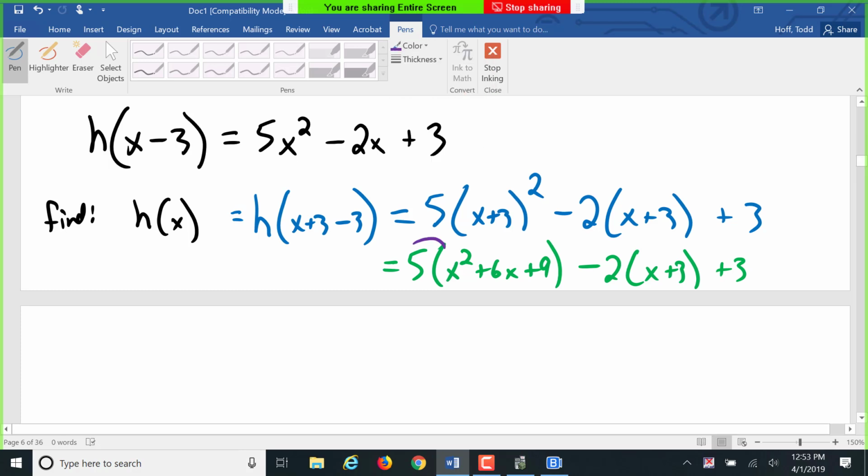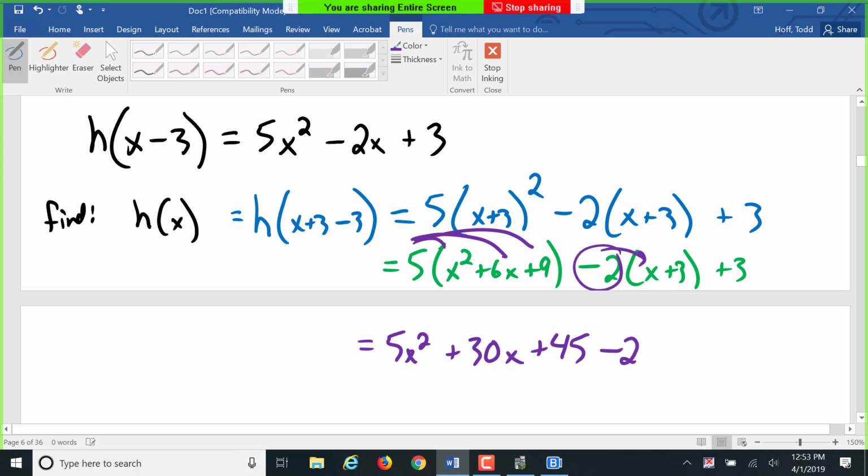Next, we're going to distribute the 5. 5 times x squared is 5x squared. 5 times 6x is 30x. 5 times 9 is 45. Also distribute the negative 2. Negative 2 times x is negative 2x. Negative 2 times 3 is negative 6.